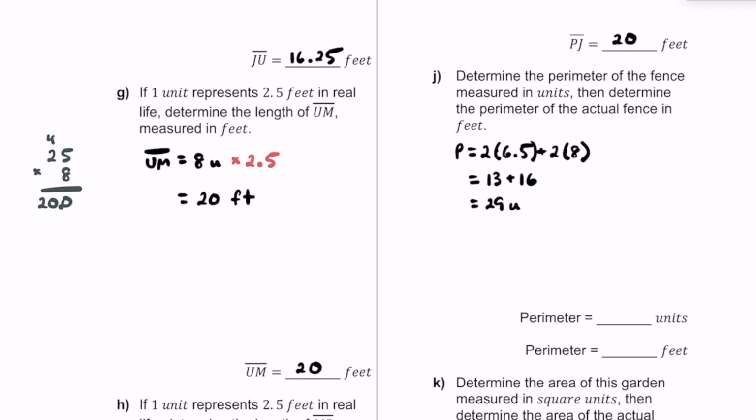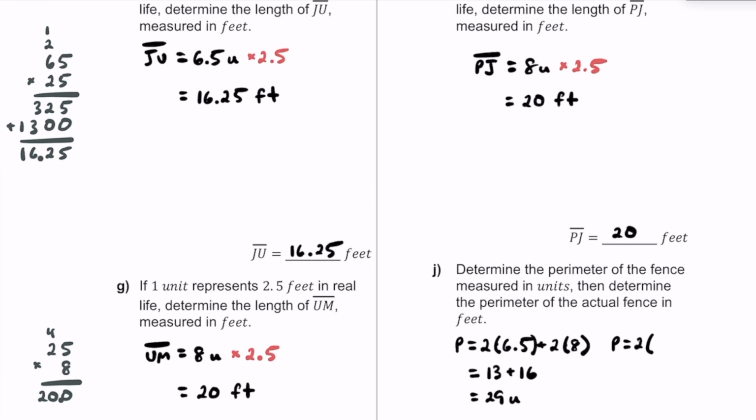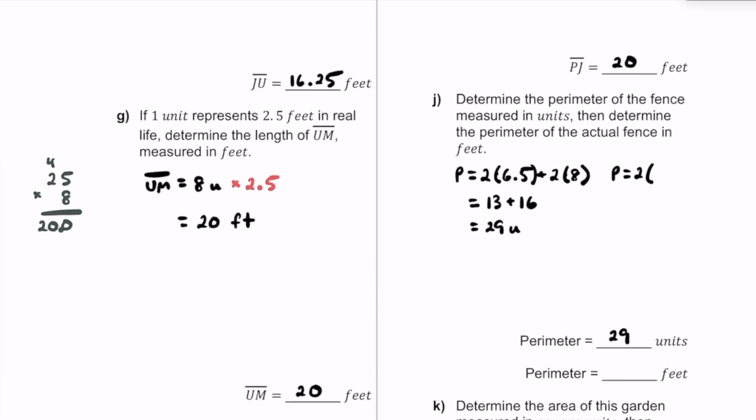And this is 29 units, so that first one we just did is measured in units. Now what about measured in feet? Well, this time it's going to be a little different. The 6.5 we said was the same thing as 16.25. That's measured in feet. And then for the other one, we have 2 times what? I think it was 20, right? 2 times 20. So if you double 16.25, if you double 16, that's 32.